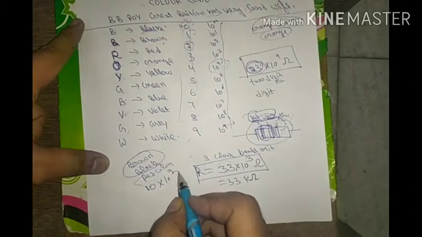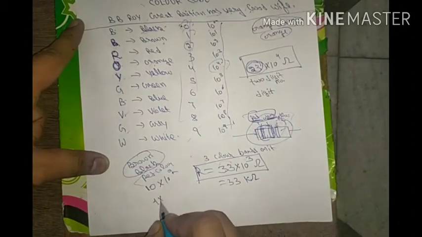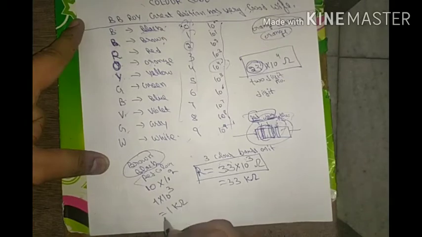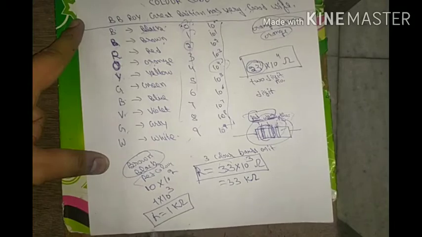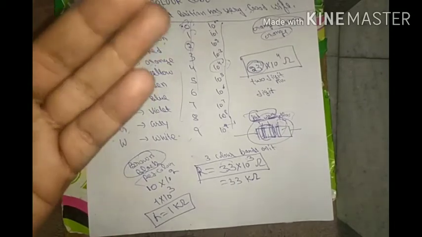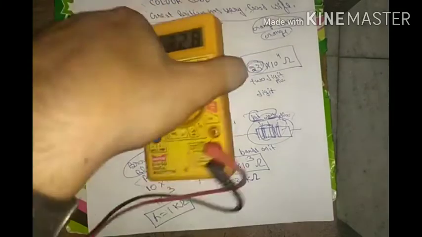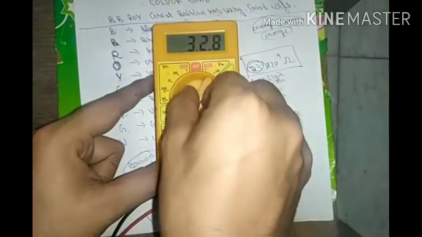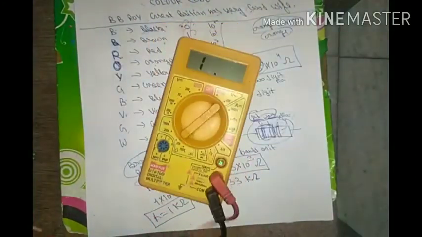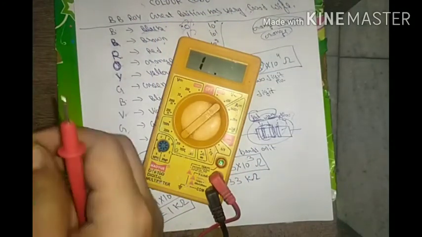So it becomes 10 into 10 to power 2, which is 1 into 10 to power 3, and it becomes 1 kilo ohm. So the resistance comes out to be 1 kilo ohm. And if you remember from before, if we again measure the resistance, I will show you with this resistor again. We can match our answer.